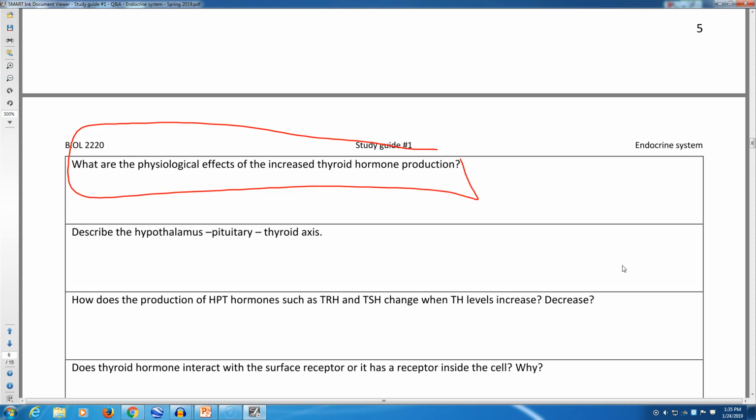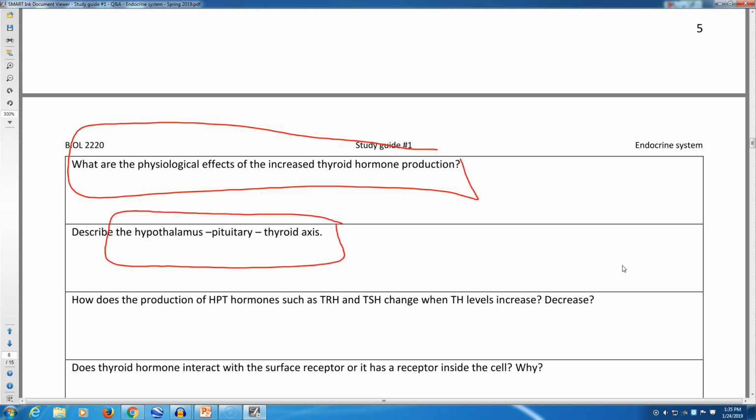You have to understand what happens when BMR increases. Are we clear about it? Okay? So you're not going to get an answer just elevated BMR. If I ask you, you need to pick, out of the list, say, elevated heart rate. Does that make sense?